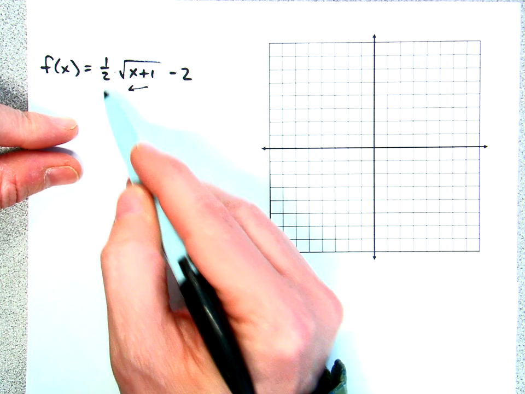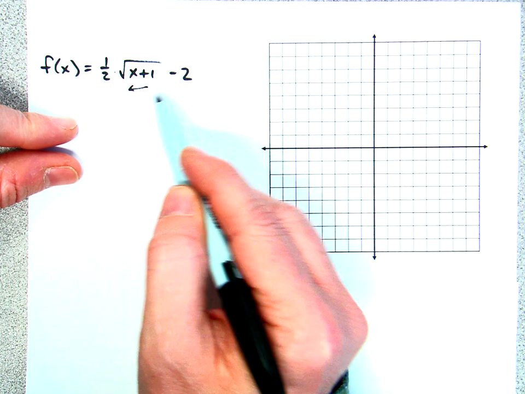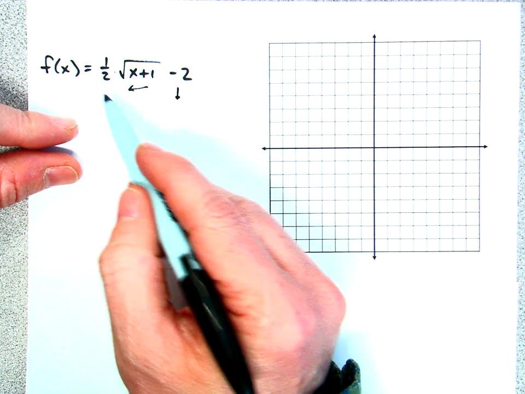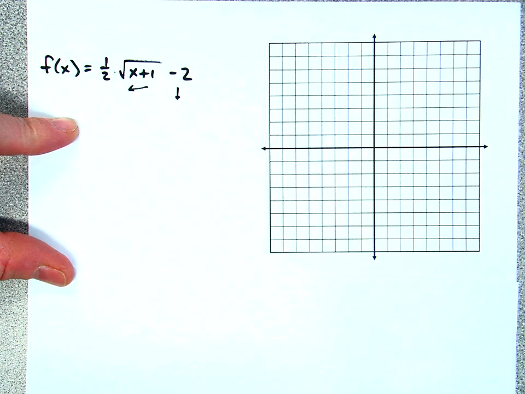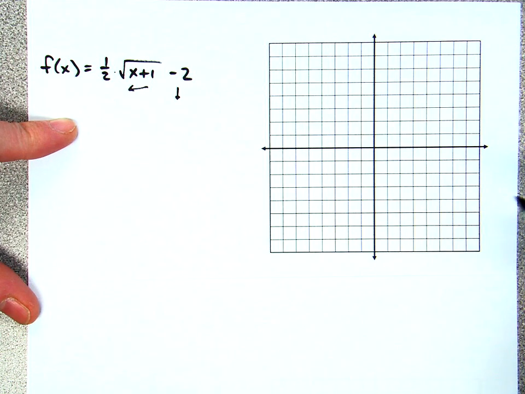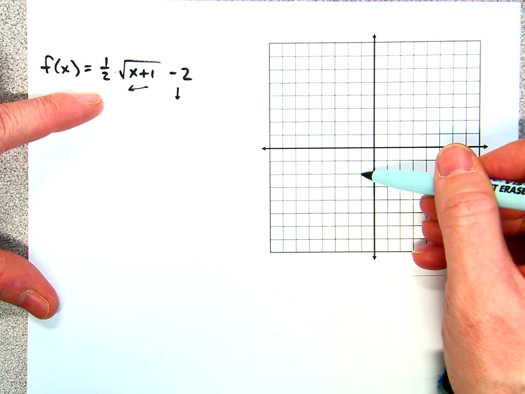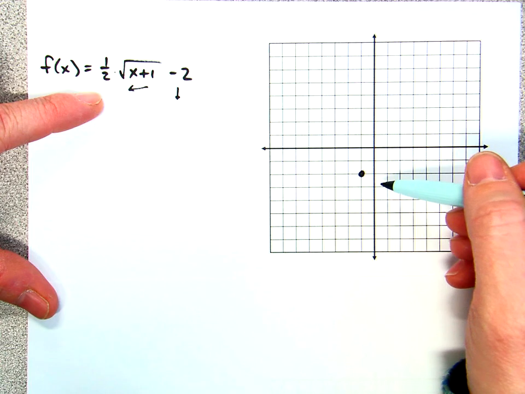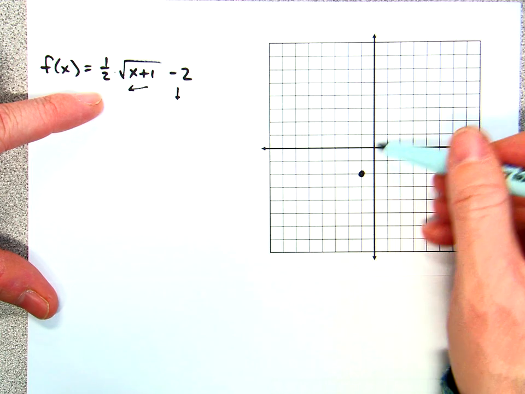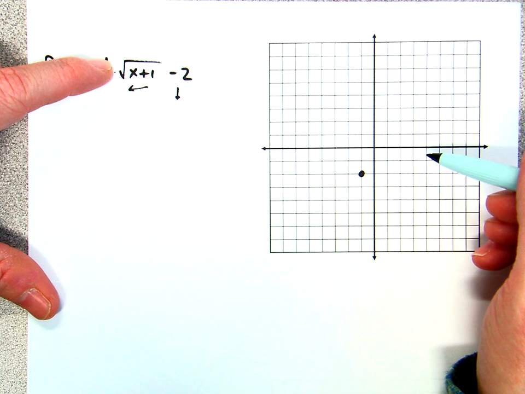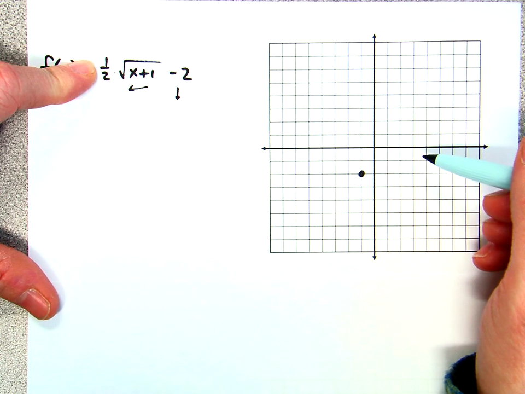So if all of my y's are getting shifted down, I can take care of the transformations first and then just apply this to where it should have started. So if I go left 1, down 2, this is going to be its new starting point. It's going to have that basic trajectory that we know of, but all of the points are going to be half the height that it was.